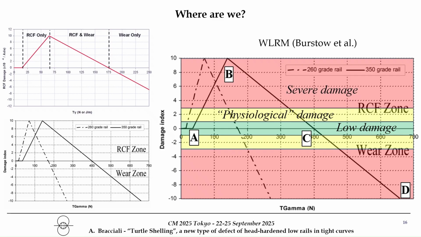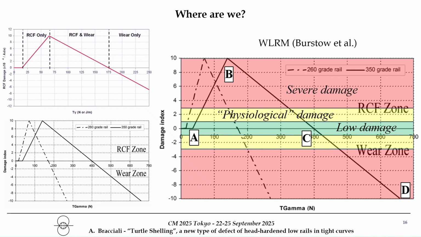I don't know if I can use the pointer, but you can see it on the screen, no problem. It's because wear wipes away all the cracks. So point C is fantastic because you have wear at the end, but you don't have cracks, so the situation remains stable. Then there is a physiological damage area where you have to grind or mill from time to time because there are some cracks progressing or some excessive wear.